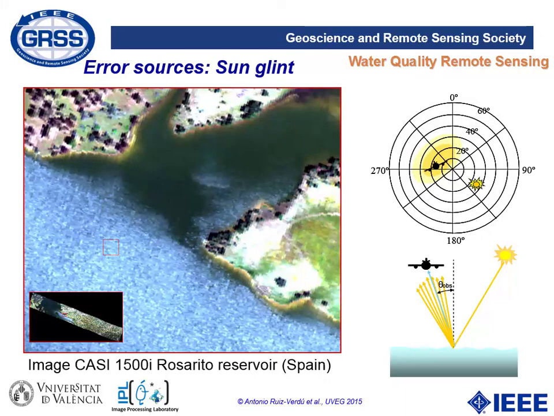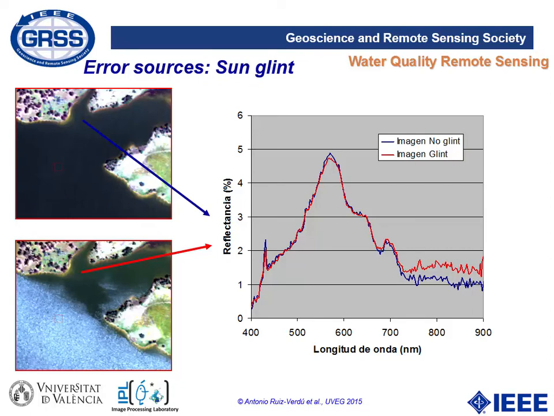So in this case, the plane was observing the water in an angle in which it receives a very important amount of glint. So here you can see 2 pixels in both images, which are in an area apparently not affected by glint, and you can see that the reflectance is very similar, except a little bit in the infrared.